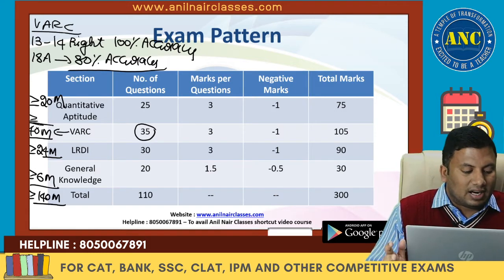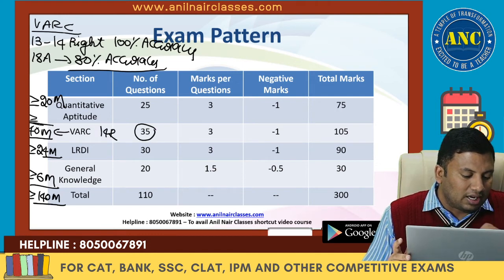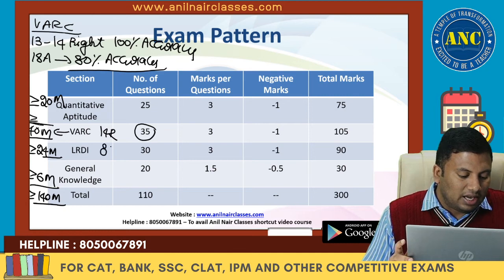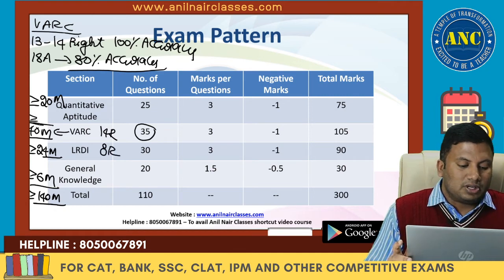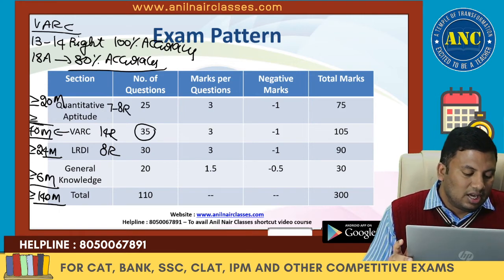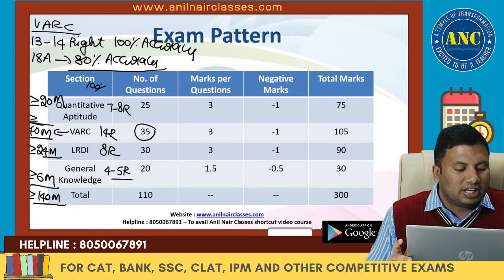VA and RC 40 marks means almost 14 right. LR and DI 24 marks, each is 3, so around 8 right. Quantitative aptitude 20 marks, around 7 to 8 right. General knowledge around 4 to 5 right. This should be your ideal number of attempts with 100% accuracy.